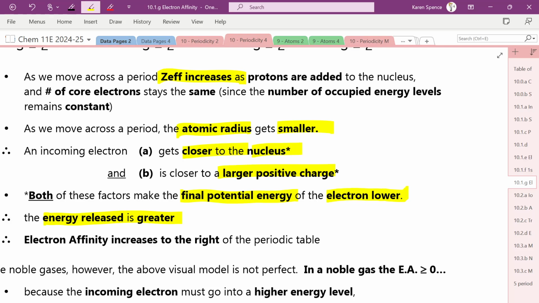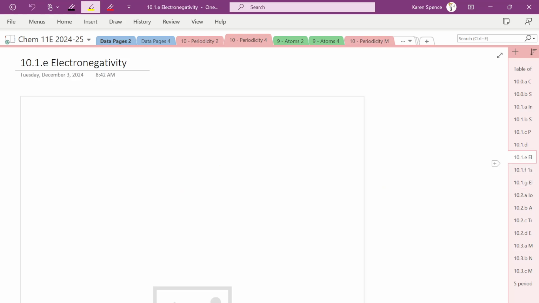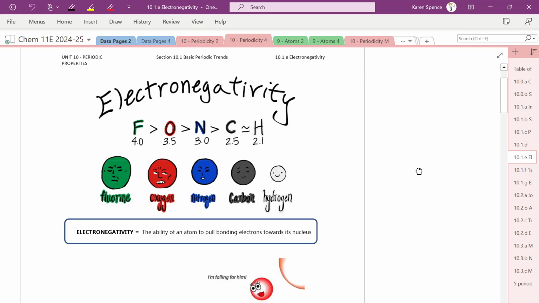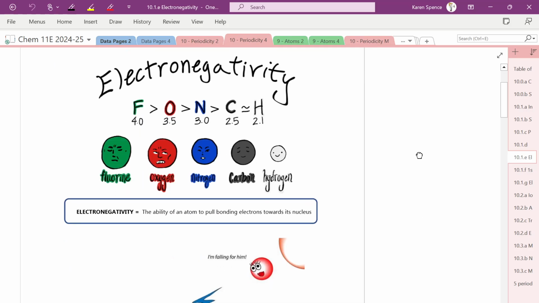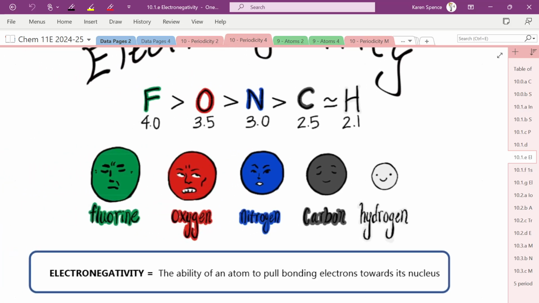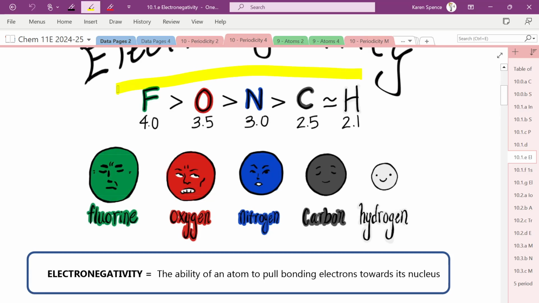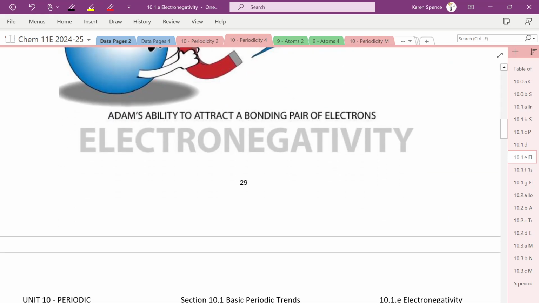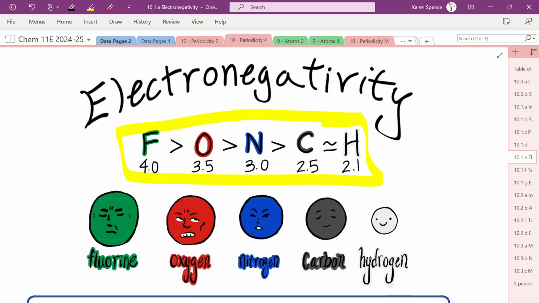Okay. So I don't really think that we need to go through electronegativity per se, do we? Because we kind of did already. You guys are all familiar with it? If you're not, you should just know these ones. If you're interested, this is on page 29, but there's nothing in here that we didn't go through in that little chart today.